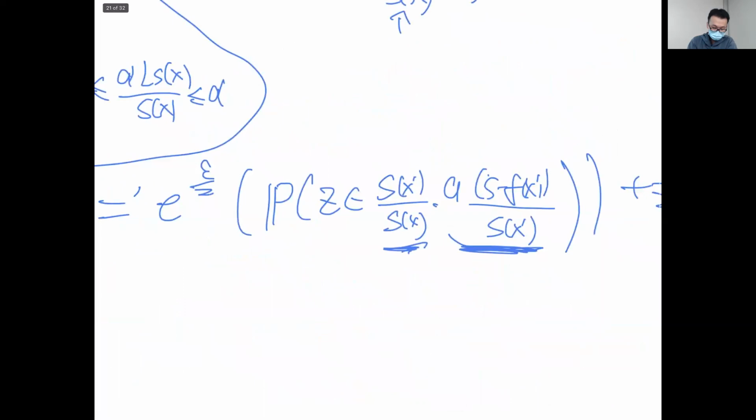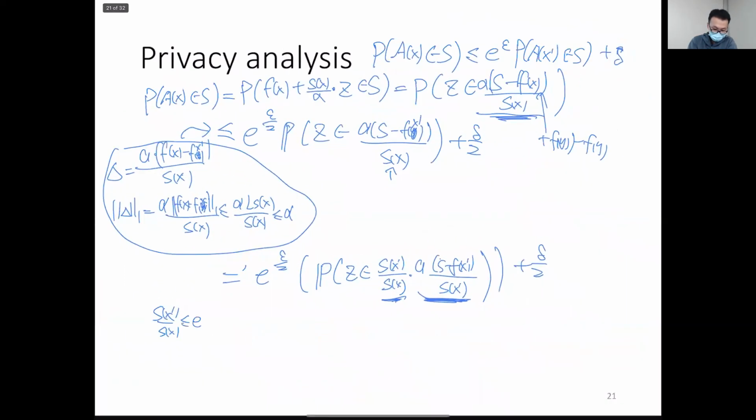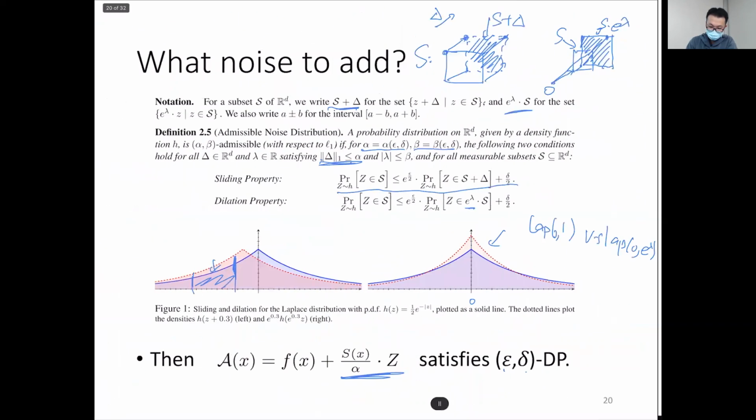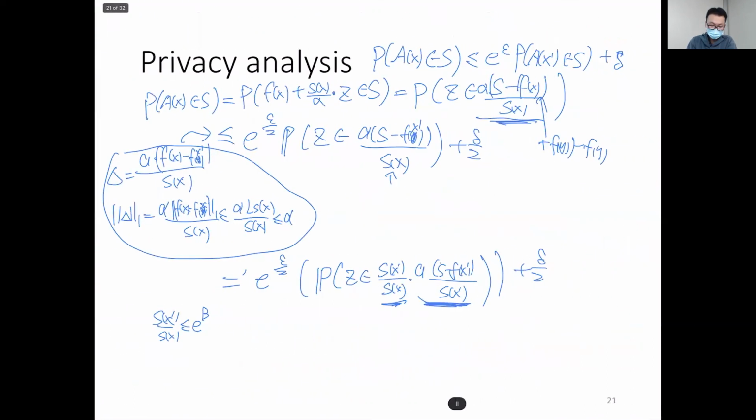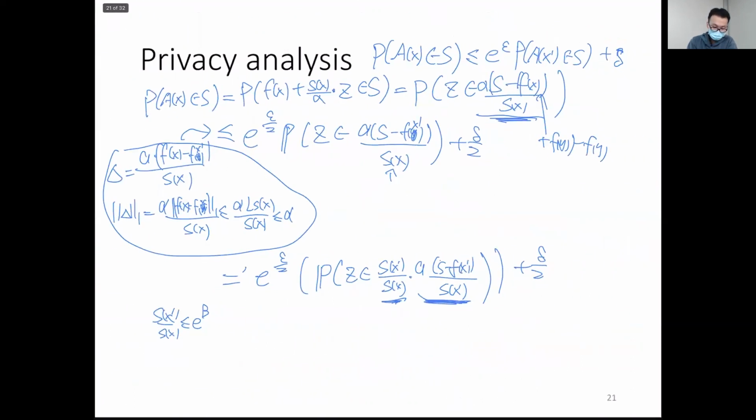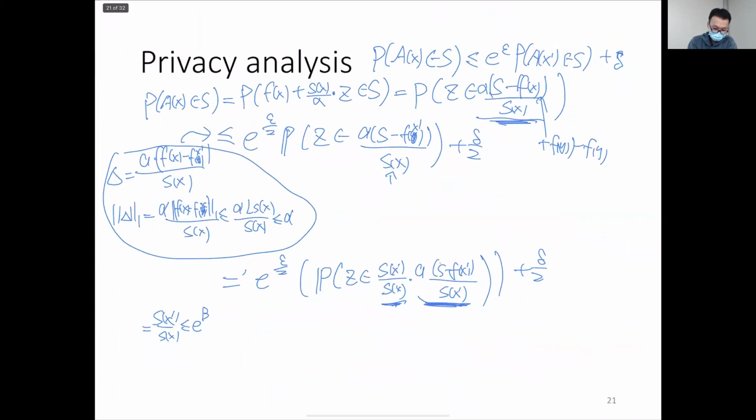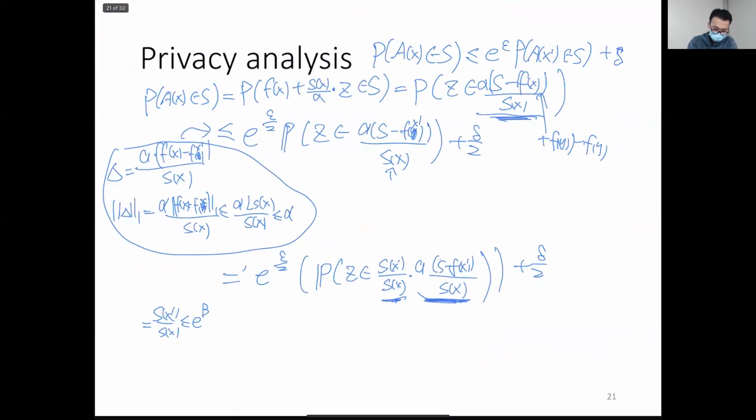So this is smaller than e to the power of beta, and this applies for all lambda that are smaller than beta. To say it differently, let's say this scaling factor is equal to e to the power of lambda, and the absolute value of lambda is smaller than beta.